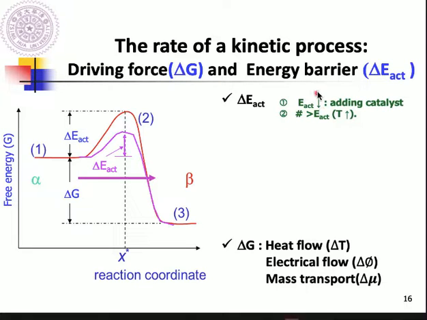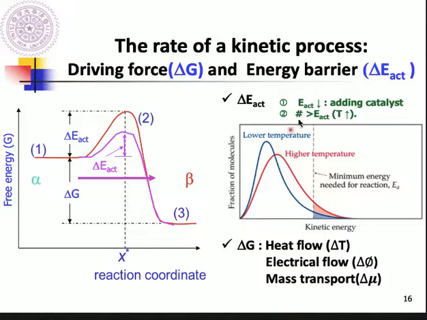It creates another path with a lower activation energy to allow the reactant to convert to the product. Or you can increase the working temperature to allow more atoms to overcome the energy barrier.